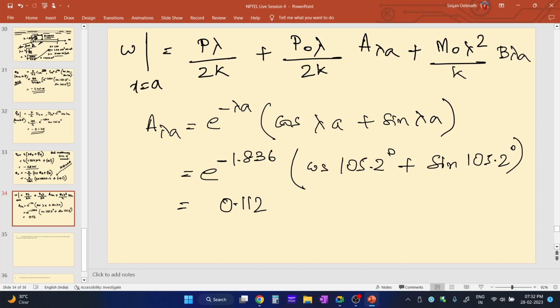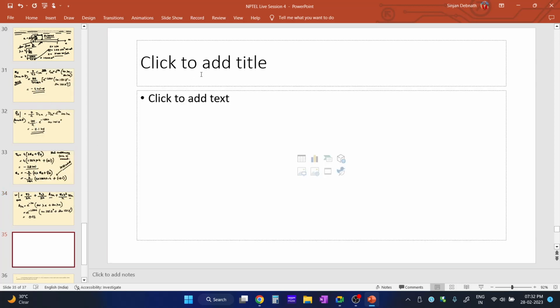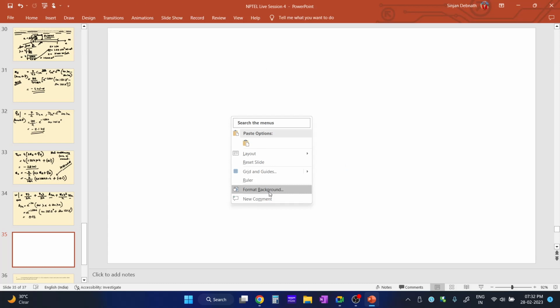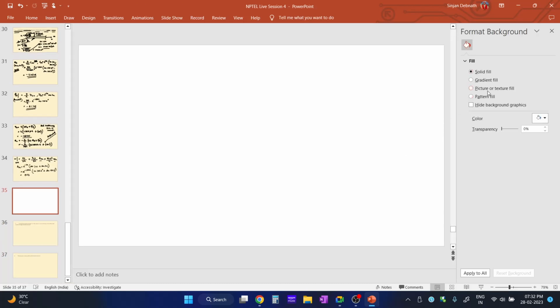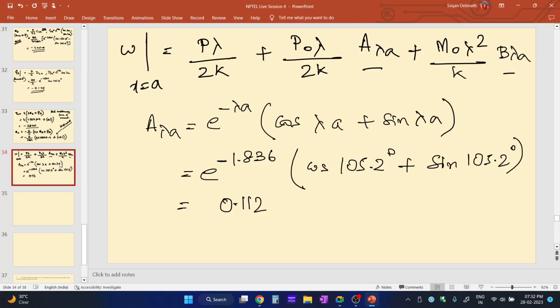Okay. So now we know this part. So another part, B lambda A. What is B lambda A? A lambda A is equal to 0.112.